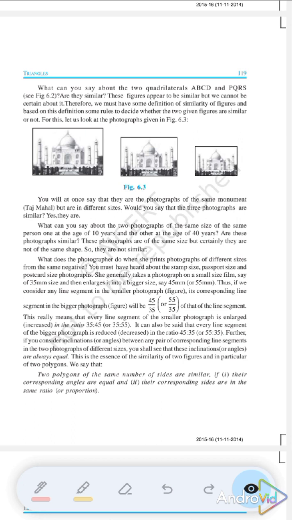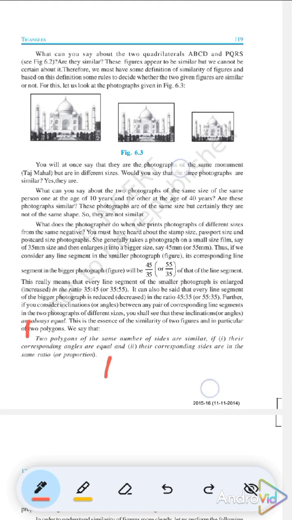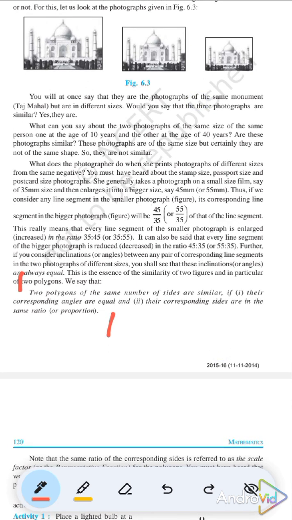So hence we can conclude another point that two polygons of the same number of sides are similar if their corresponding angles are equal. That is the first point. And the second point would be their corresponding sides are in the same ratio or in the same proportion. If these two conditions are satisfied, then we can say that two polygons having the same number of sides are similar.